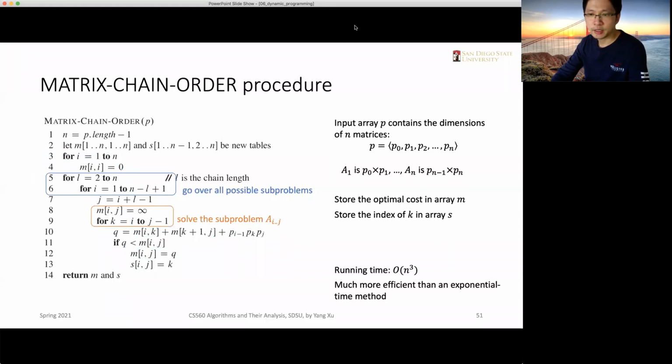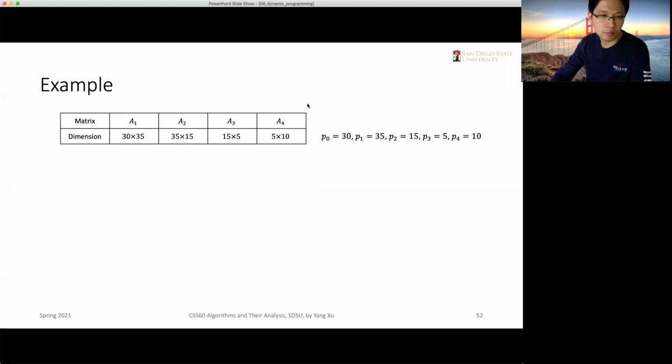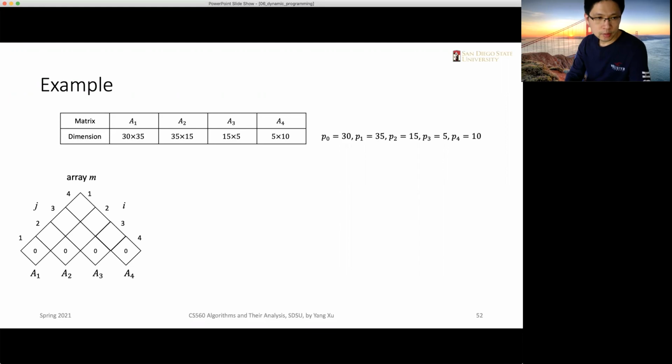On the next slide, we can go through several examples. The input chain is from A1 to A4, and the dimensions are given like this. What we can do is write triangle-like tables.